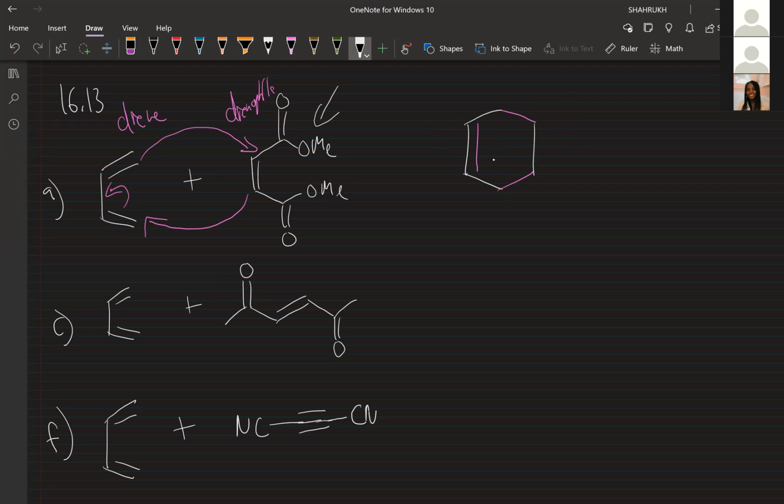And then E, I forgot the German word for that, is the same as trans. But anyways, are these going to be on the same side or the opposite side? Those are going to be probably one looking down and one looking up.